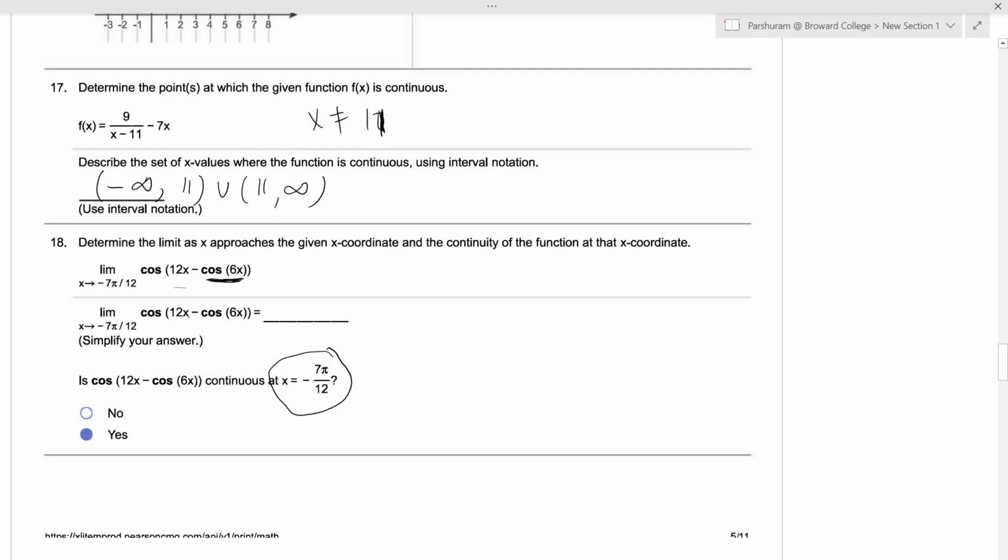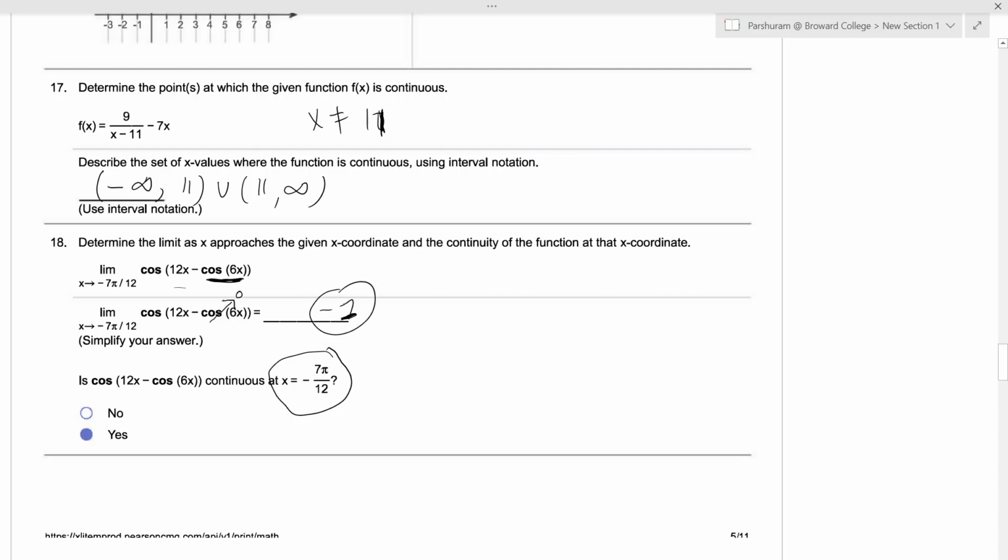So to find the limit, just plug in x equals -7 pi over 12. If you do that, this inner part would be 0. And because of that, you get cosine of 12 times x, which is -7 pi over 12, which is cosine pi, and that is -1. So cosine pi means -1.